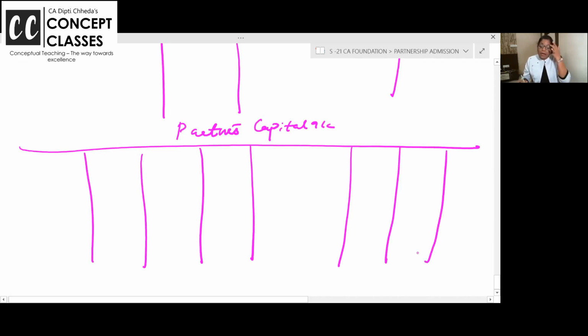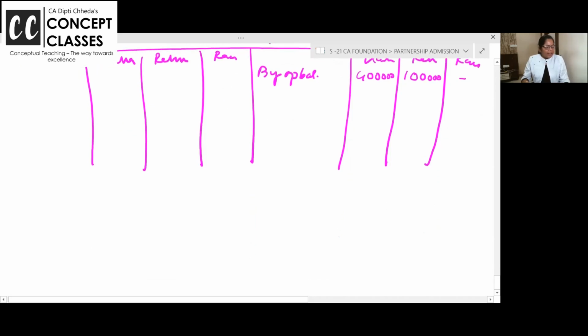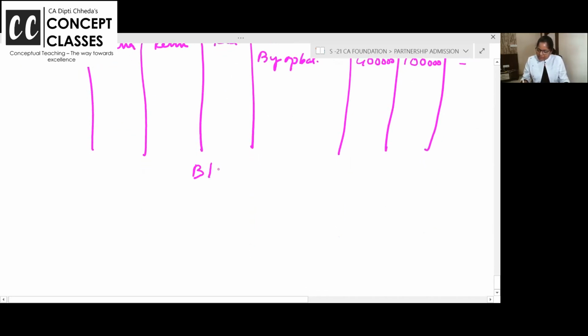The partners are Kanha, Rahman, and Ram. While making the partners' capital account, you can write the opening balance: 4 lakh and 1 lakh. Nice. Then we will prepare the balance sheet.